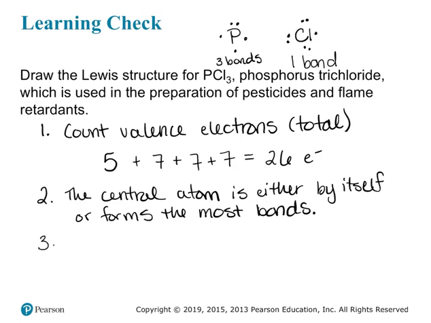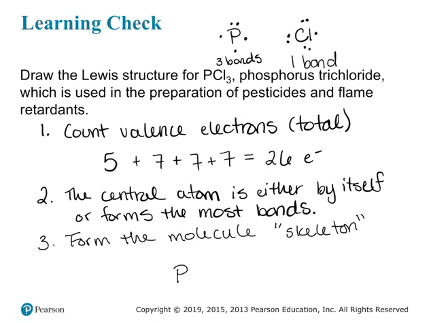So next, we're going to form the molecule skeleton. So we're going to put phosphorus in the middle, surrounded by chlorine atoms. So it'll look something like that.